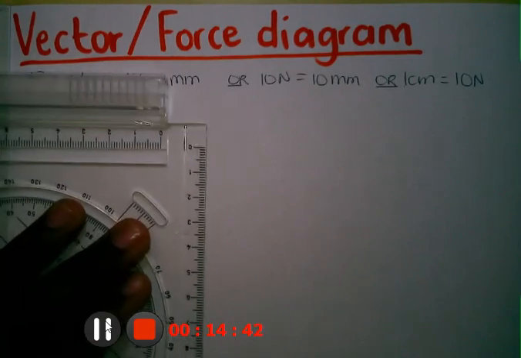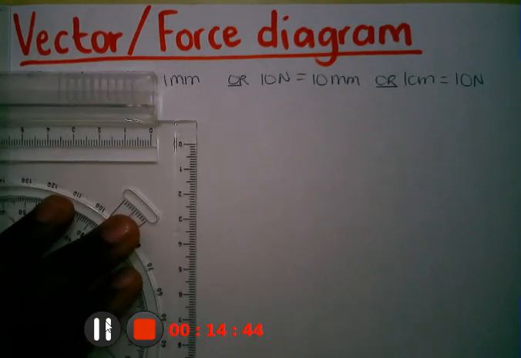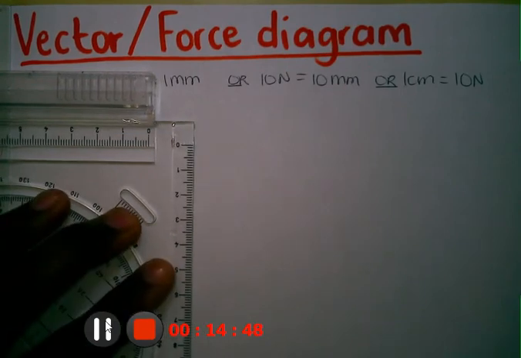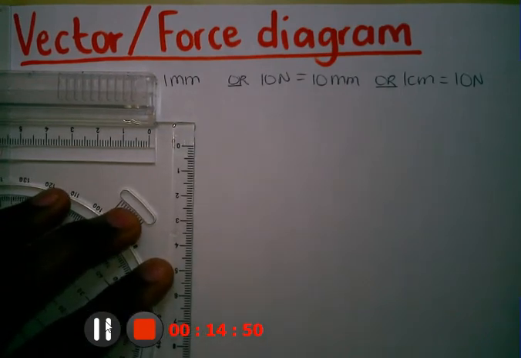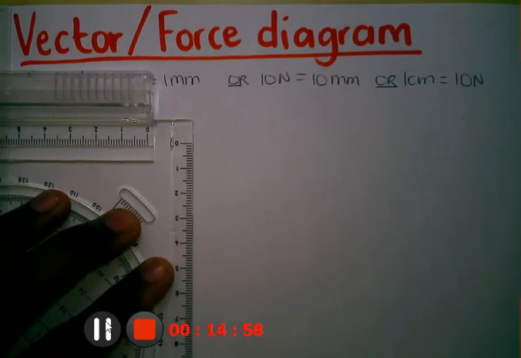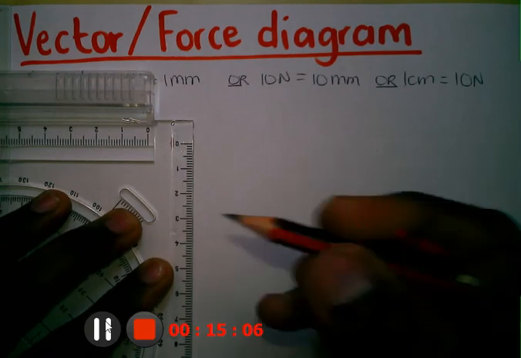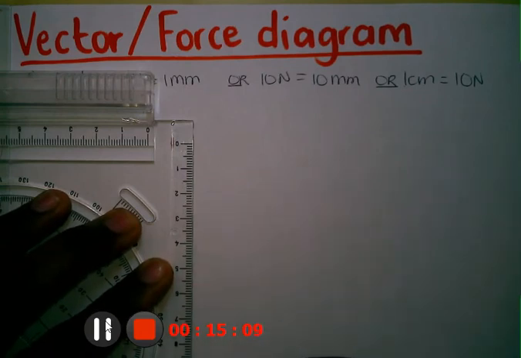Okay, now we start by drawing our 90 Newton force. Please make a straight line. The 90 Newton must be a vertical line. Please try by all means to make it 90 degrees. It must be very straight.